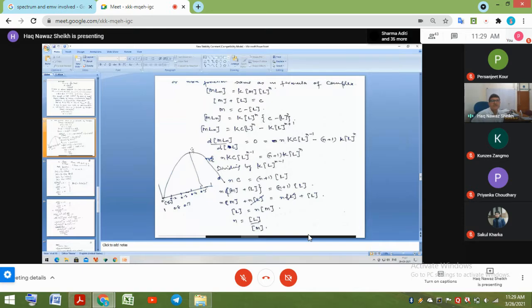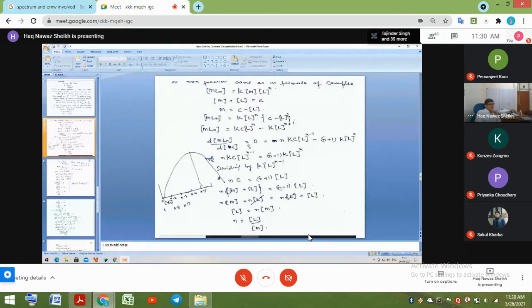The position at which the maximum of the curve appears, the slope of the curve is zero. In other words, slope is given by dA, the change in absorbance with change in concentration of ligand, so that is zero there. We write the change in concentration because absorbance is directly proportional to the concentration of the complex. So we write d[MLn]/dL is equal to 0. I hope you understand this.